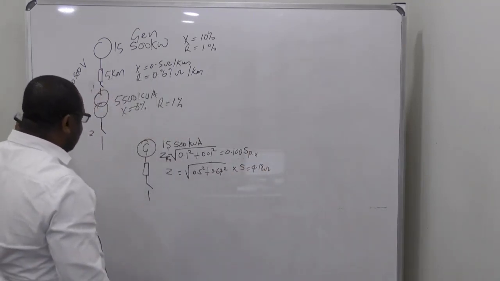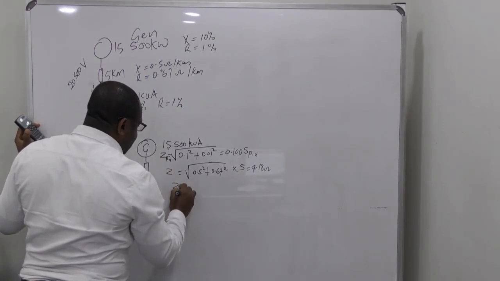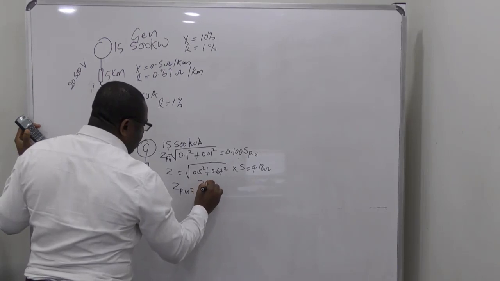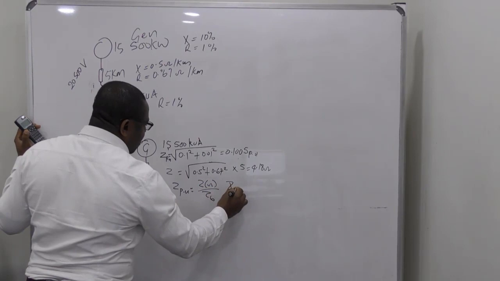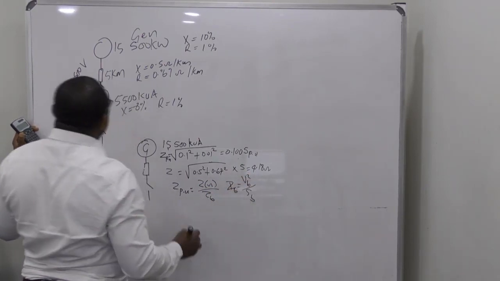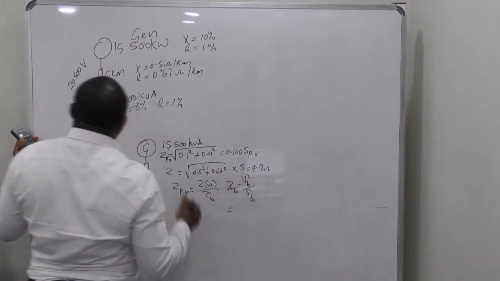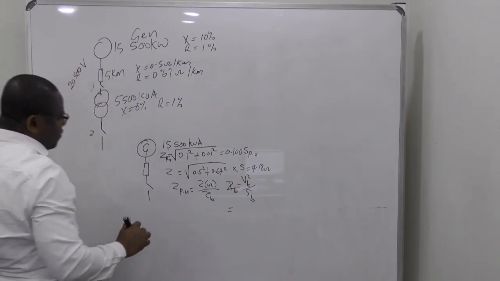So you just need to convert this to per unit. Z in per unit will be Z in ohms divided by Z base. But Z base is V base squared over S base. What is the V base? The voltage here is 20,500.